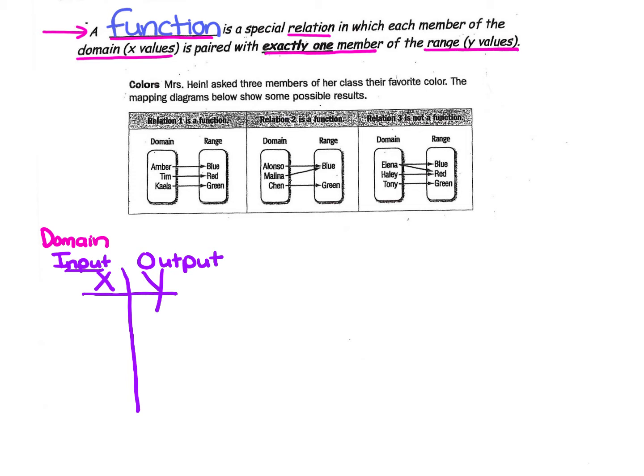Your y values are known as your output values, or your range. We're going to determine if the relation represented by the equation x plus 4 equals y is a function.